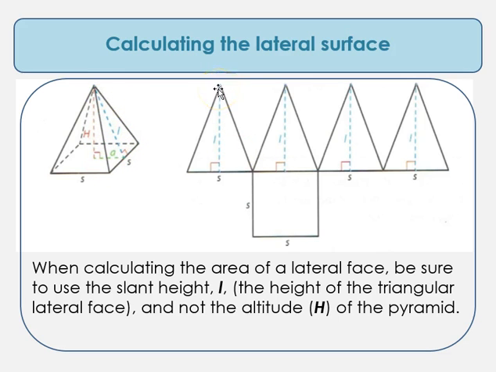It will drop from the vertex of the triangle to the base at a 90-degree angle. So when calculating the area of the lateral face, we'll use the slant height L and the height of the triangular lateral face, and not the altitude or height of the pyramid. So we will not be using this height of the pyramid.